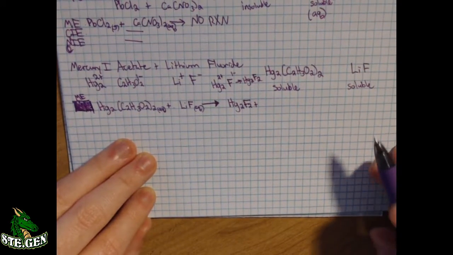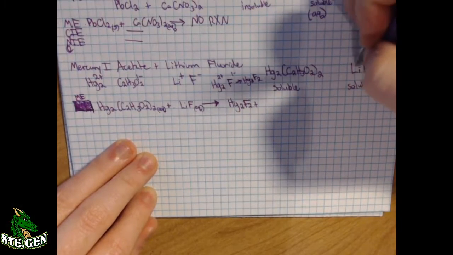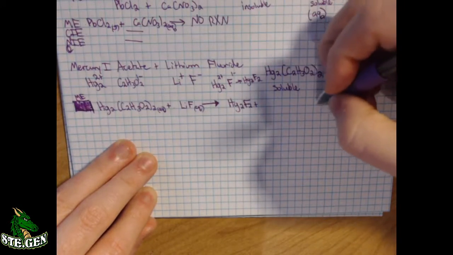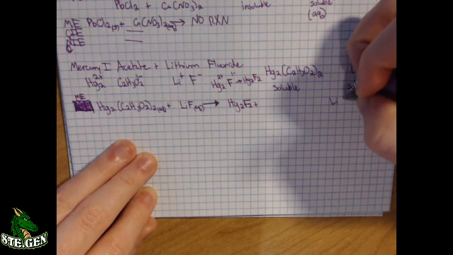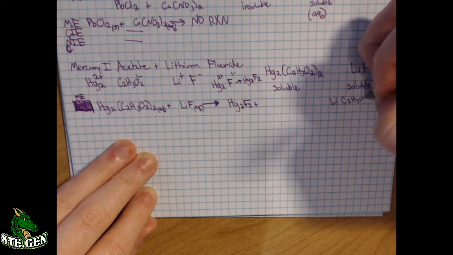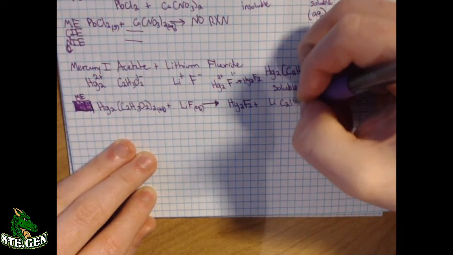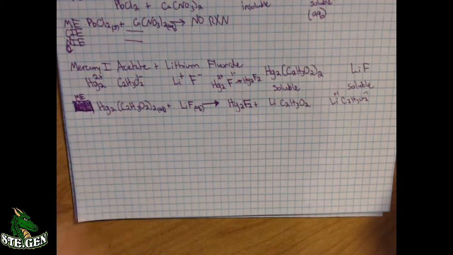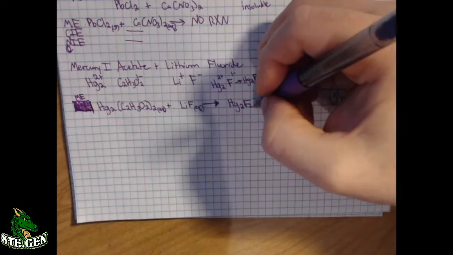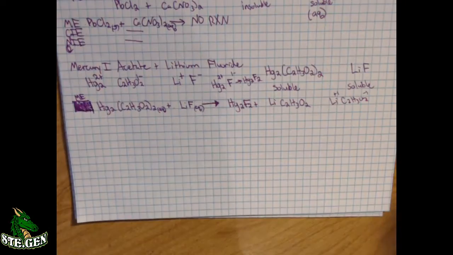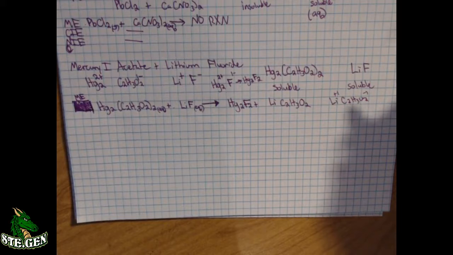And we're also going to get, now the Li and the C2H3O2 will be together. So we've got Li, C2H3O2, but this one is just a +1 and a -1. So that's just going to be LiC2H3O2. I didn't leave a space here because I'm bad, but we're going to need to go back and add states of matter for this side as well, but we can balance it while we're waiting.